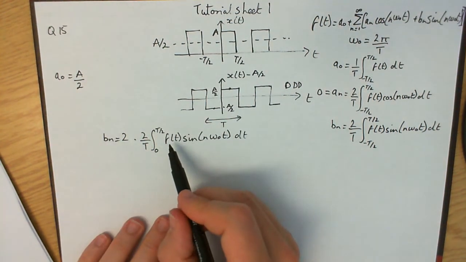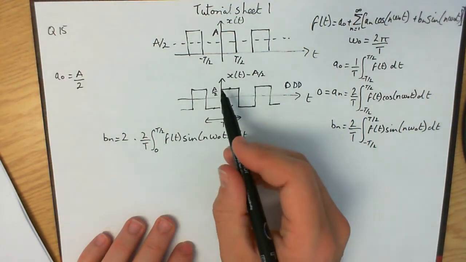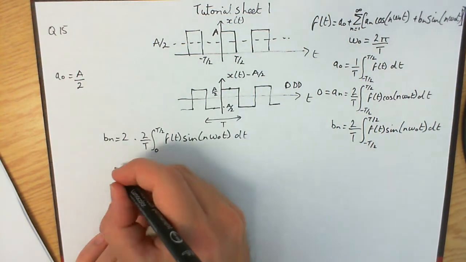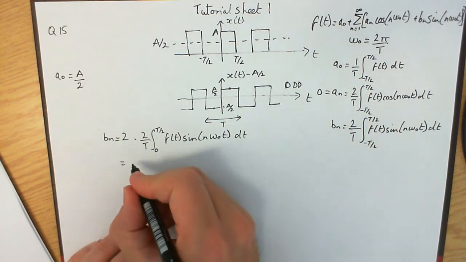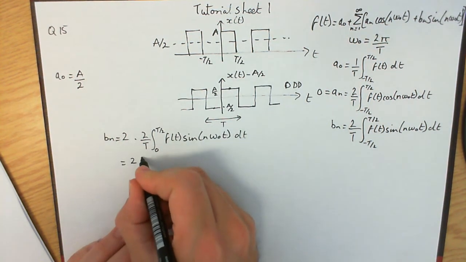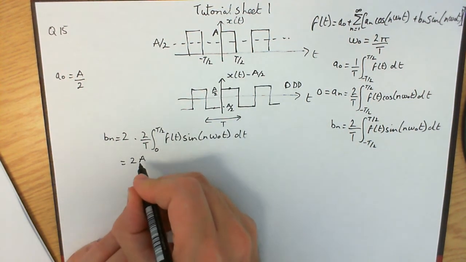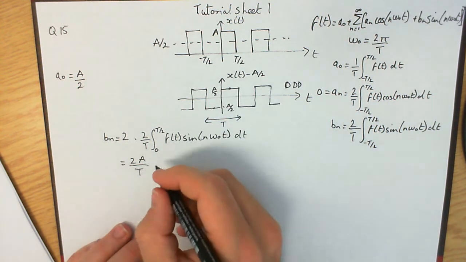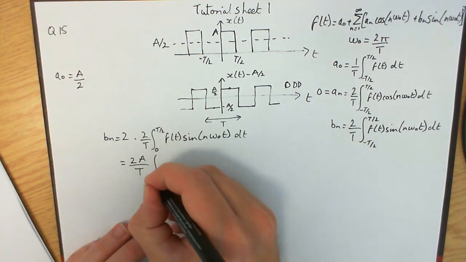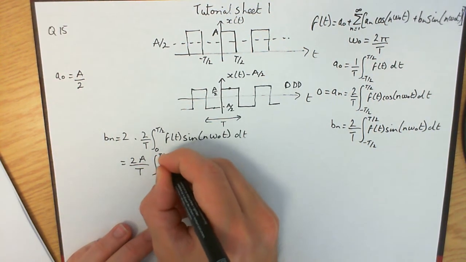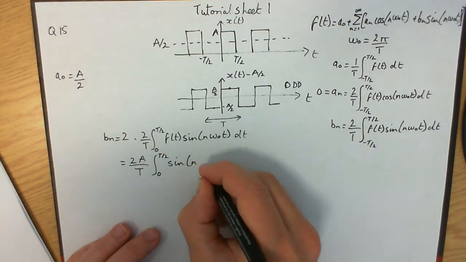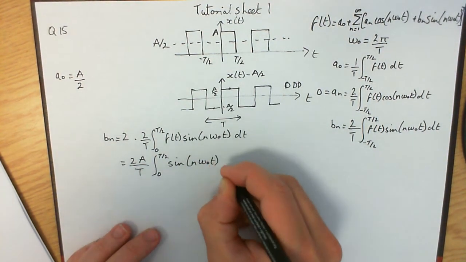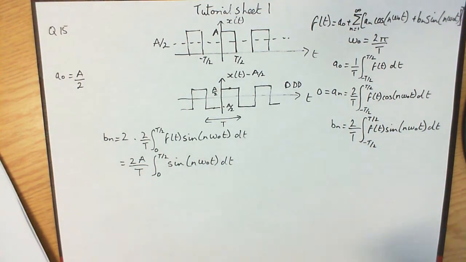Well, our f of t over this period is just A over 2. So that simplifies to 2A over T, the integral from 0 to T over 2 of sine n omega naught t dt.